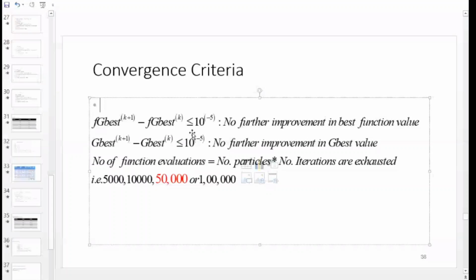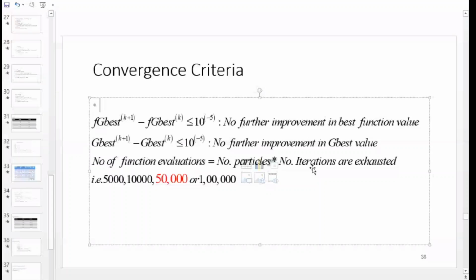Then you can stop. Or else, if the global best particle's x values in two consecutive iterations are almost the same, it means the difference is almost 0. Then stop. Or else you can carry out a number of functional evaluations equal to the number of particles into the number of iterations which you defined.